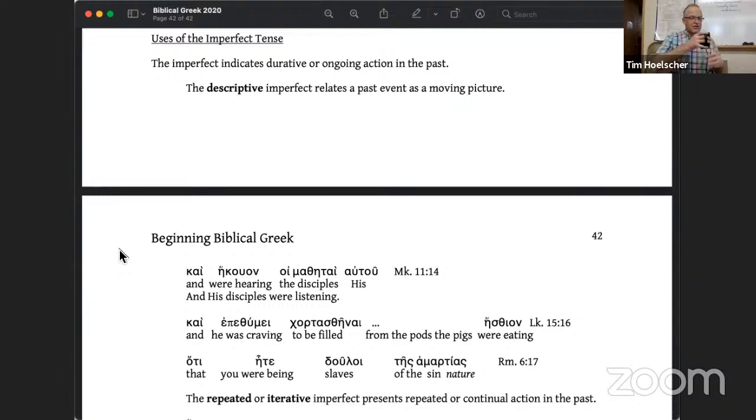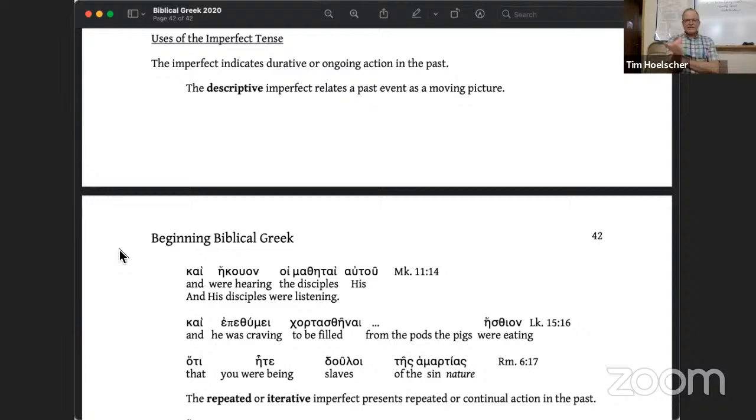Do you have a question? Well, I'm just trying to, it's this whole, like, I like rules thing. And so the word is here, but they're translating it "listening" because it's a descriptive. So we're talking about this event that happened in the past. And yes, of course, they were hearing, but we call that listening.